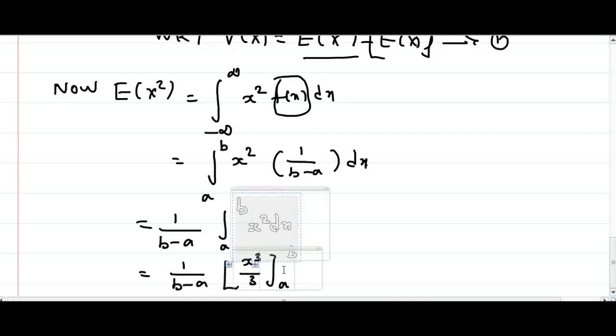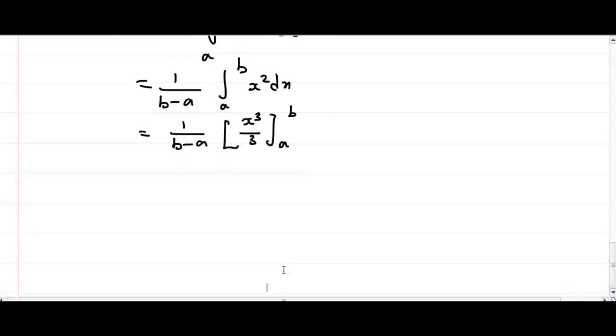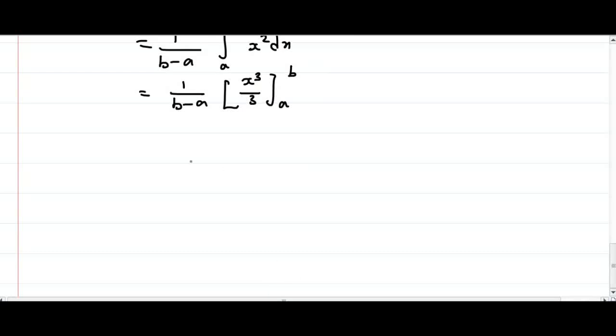Now we substitute upper limit minus lower limit. Wherever x appears, substitute x equal to the upper limit b minus the lower limit a. Here 3 is constant, so take it outside. We get 1 by 3 into b minus a, and substituting the limits, b cube minus a cube.